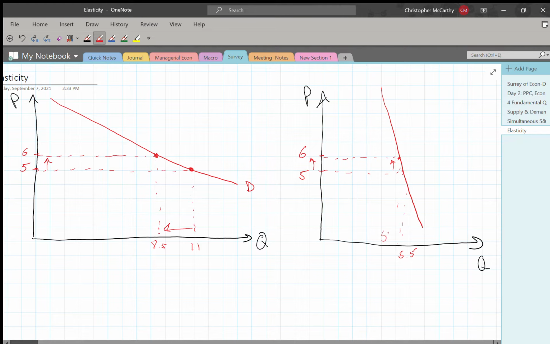Barely anything. So the steepness of the curve tells us about the responsiveness to prices that the consumers in that market have. So the flatter the demand, the more what we're going to call elastic the response is.